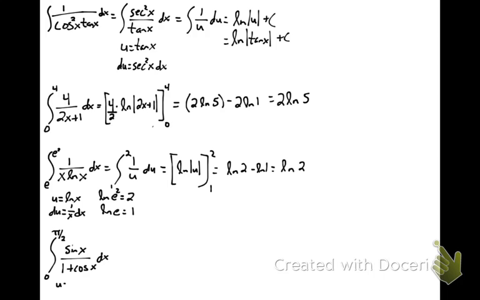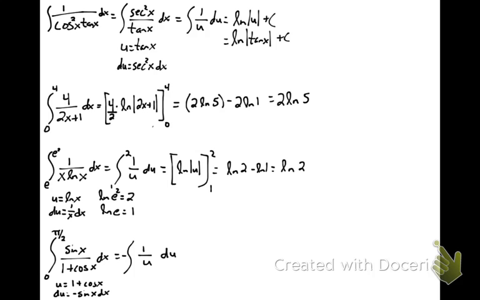If u equals 1 plus cosine x, and this means that du equals negative sine x dx. So first I'll change my integrand. In this case that will be negative 1 over u du.